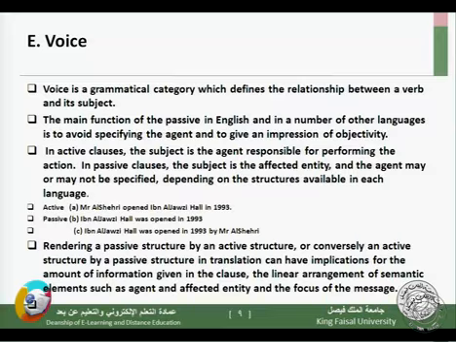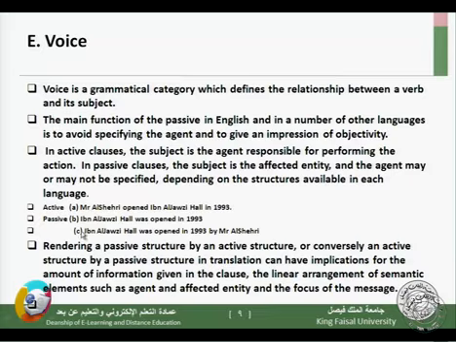For example, in active clauses, the subject is the agent responsible for performing the action. In passive clauses, it means sentences, the subject is the affected entity and the agent may or may not be specified, depending on the structures available in each language.